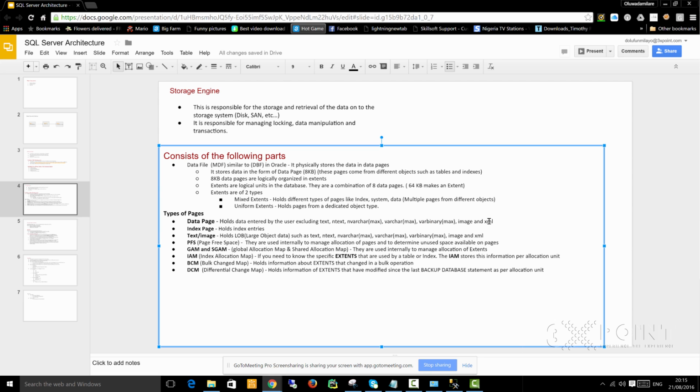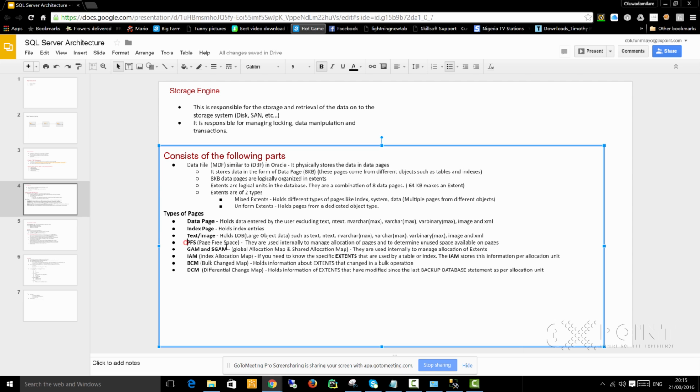So these are very large data types that are not used by the data page. On the other hand, we have the index page. These only hold index entries. And then we have the text and image pages, and what these hold is large objects. So all these data types that we talked about that the data page does not hold are held by these text and image page types.